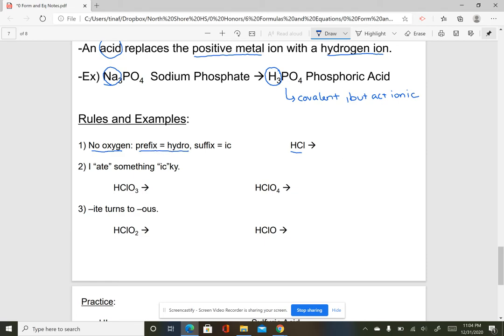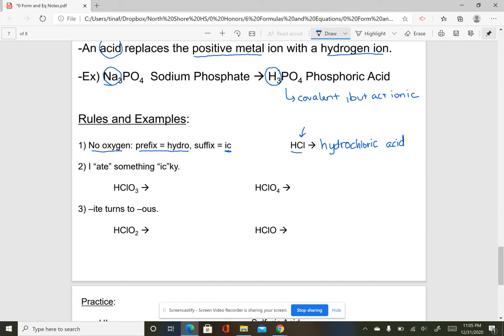So right away, I see no oxygen. I'm going to put a hydro here. And it has to end in ic. So what's the other thing bonded to the hydrogen? A chlorine. So if it has to end in ic, I'm going to say chloric acid. So no oxygen, hydro, and ic.